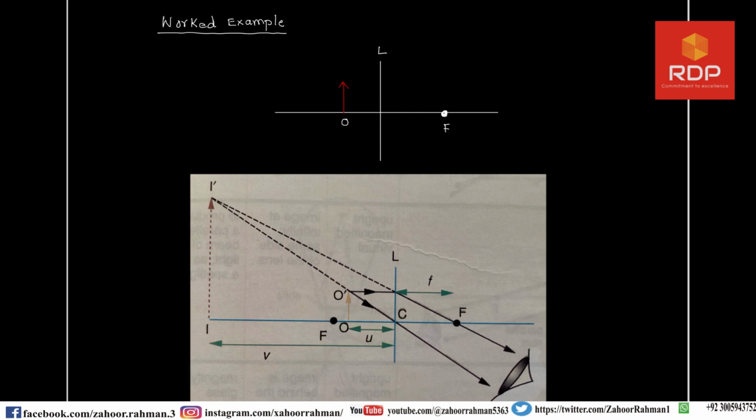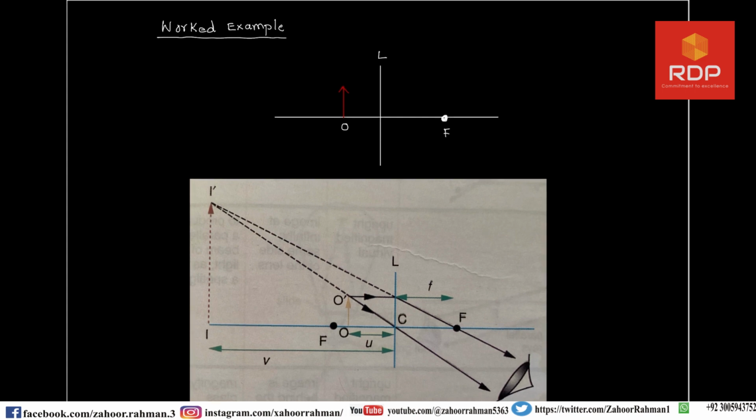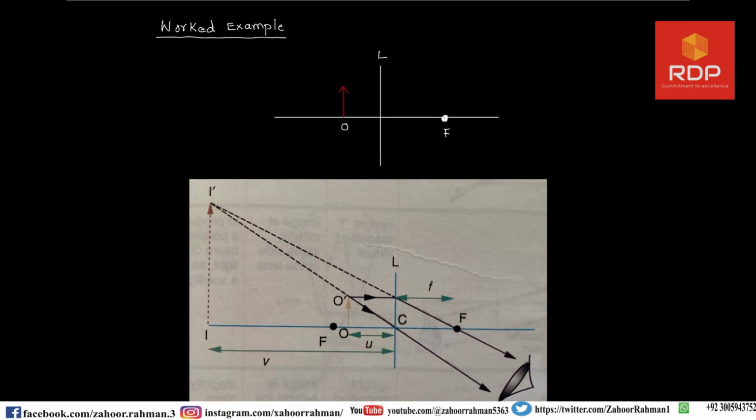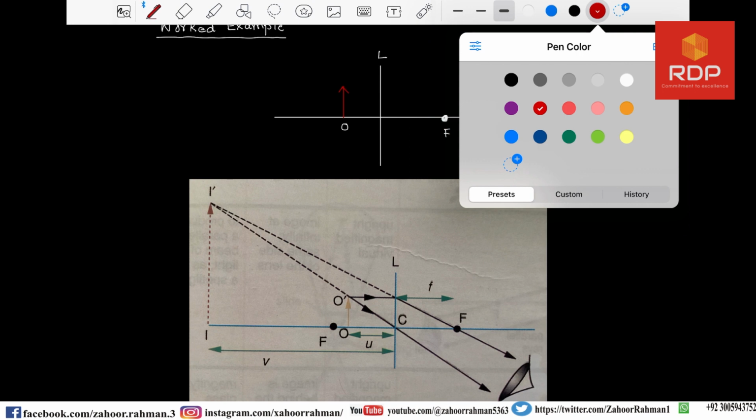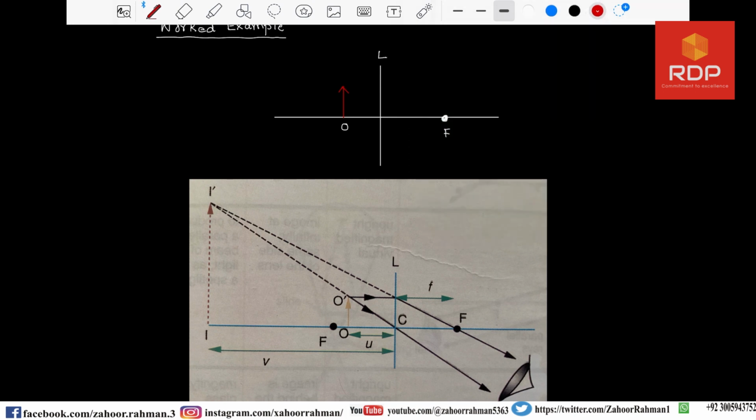So let us write that O dash, the object height, is equal to 1 centimeter. It is given to us.